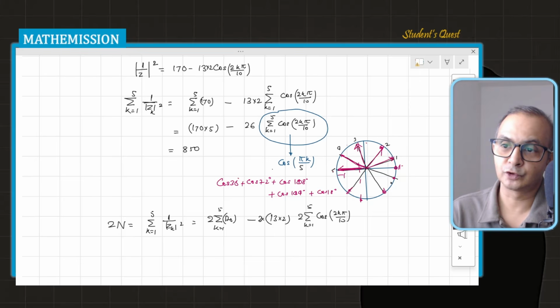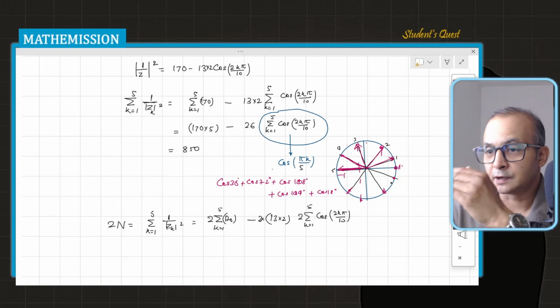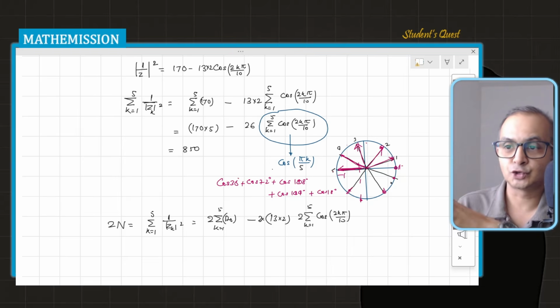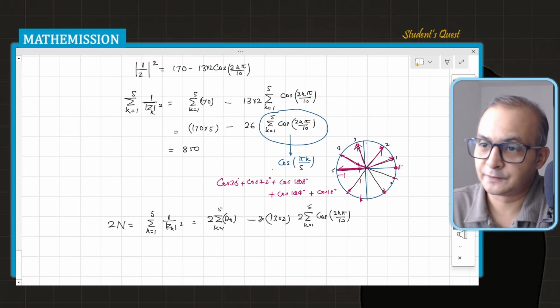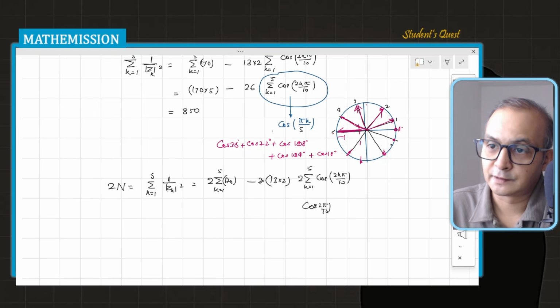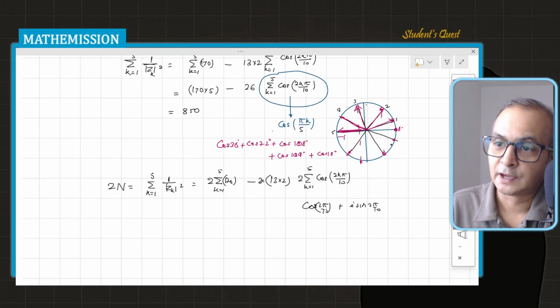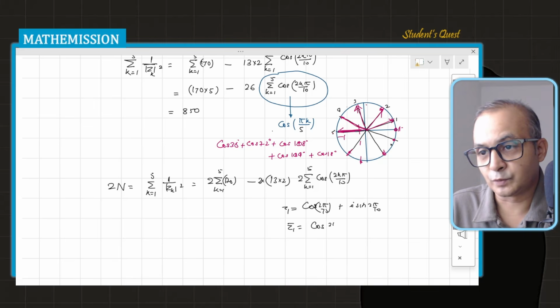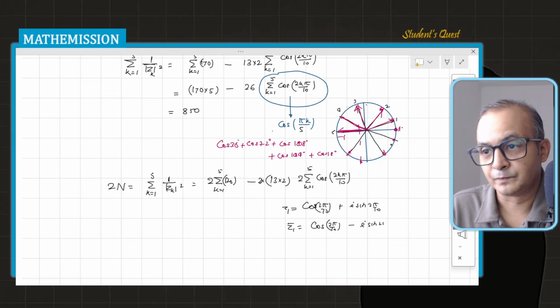So that root will become cosine 2 pi by 10 plus i sine 2 pi by 10. Let me write it. And the conjugate of this is the first root z1. So z1 bar will become cosine 2 pi by 10 minus i sine 2 pi by 10.